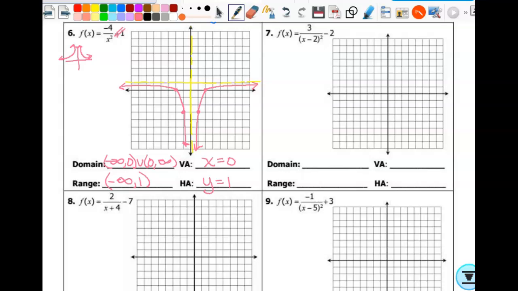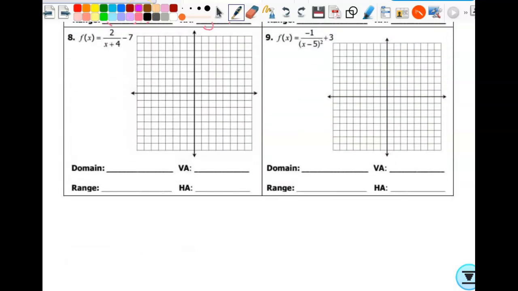All right, let's look at number 8. So here, I do go left or right, because there is a horizontal transformation here, which means my vertical asymptote is at x equals what? Negative 4. And then my horizontal asymptote is at y equals negative 7.